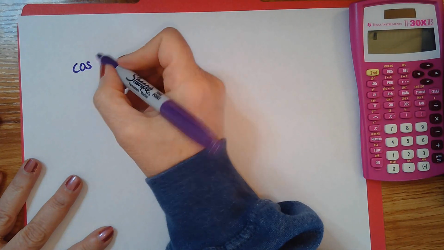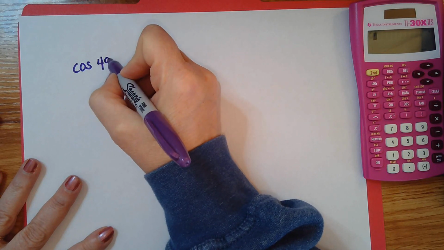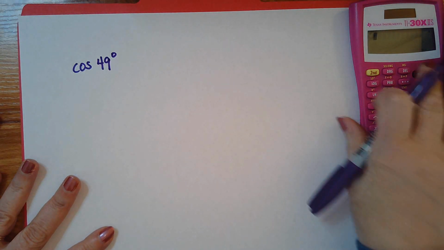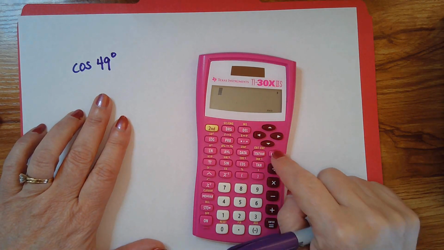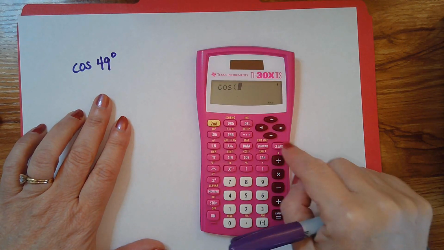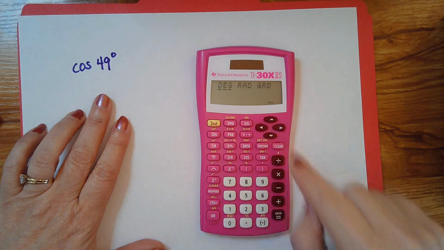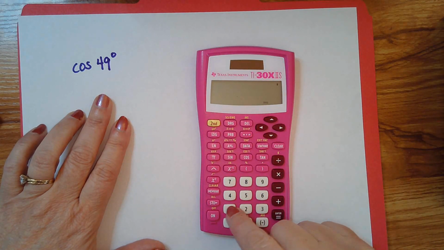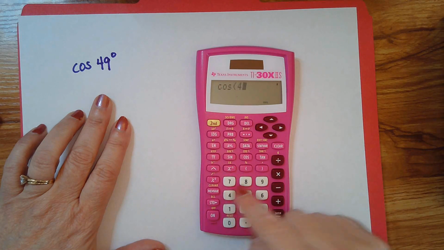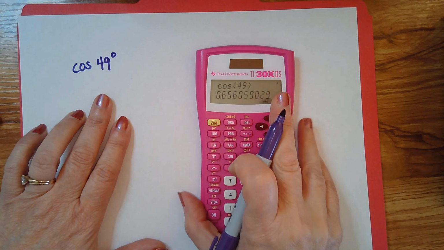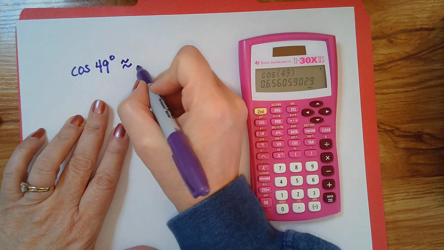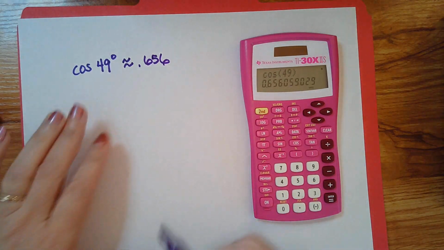Let's say that we were going to do the cosine of 49 degrees, and we were in degrees. So cosine, oops, I have to get back into degrees. Hold on a minute. Okay, there we go. Cosine of 49 in degrees is going to give you 0.656, right?